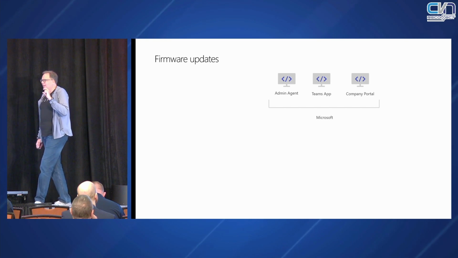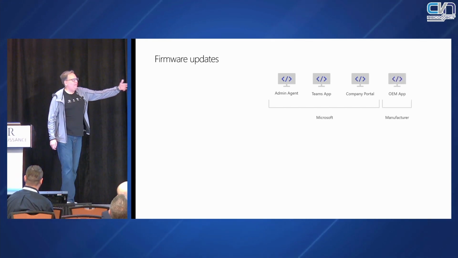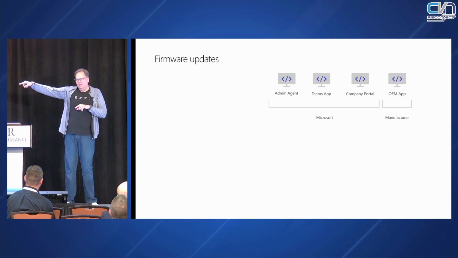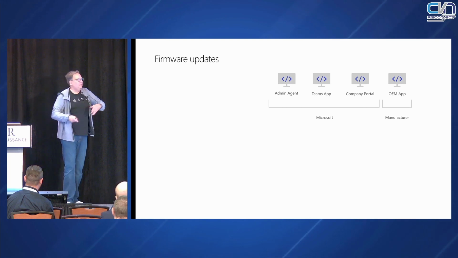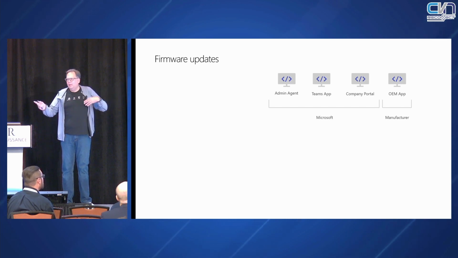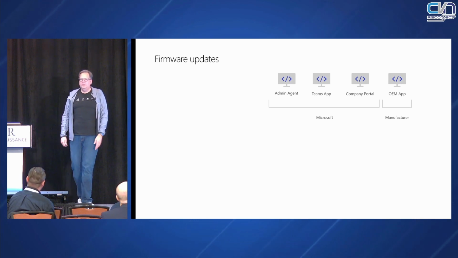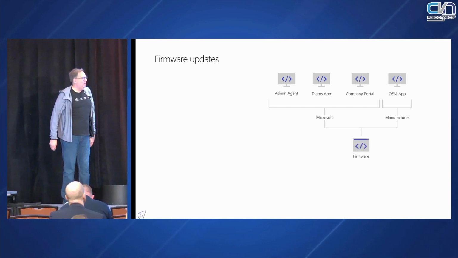Much like, we'll go then the vendors, whatever the OEM, they have their app so they can talk to their management system, right? Every one of our vendor partners has their own management solution. And so they then write that application, which does similar to Admin Agent, but they can add more features or do what they want to do with that application.